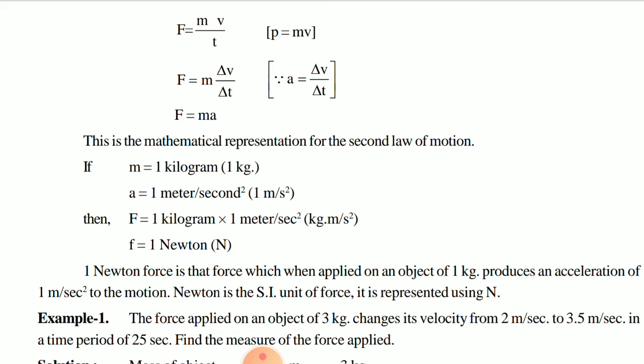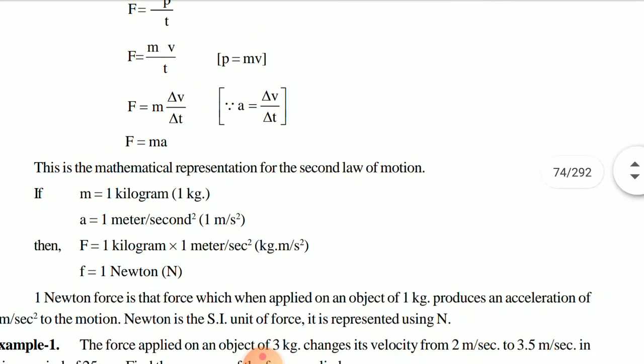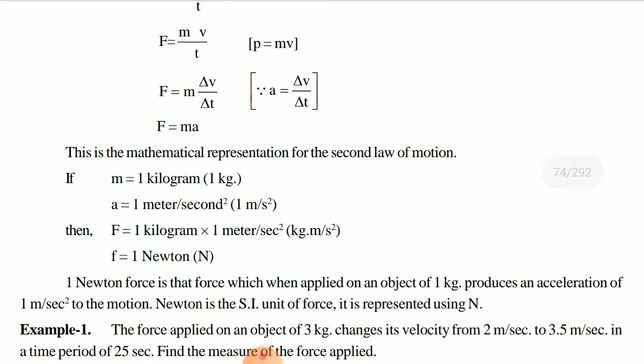I hope this is very clear to you, and the derivation part is very important. I am teaching all the three laws of motion one after the other, not all together. You have to practice that derivation.